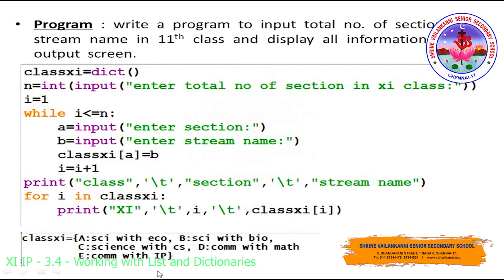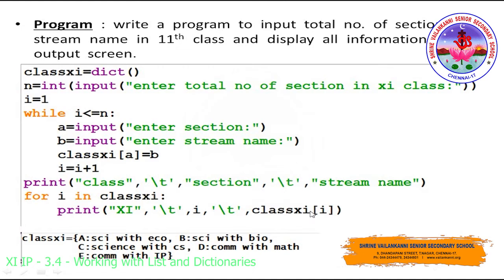As values are present, it will iterate with each and every value. So if I give print of 11 as a string, that gets printed there as such, 4 spaces. In the place of I, the key gets displayed, that is A, followed by 4 spaces.